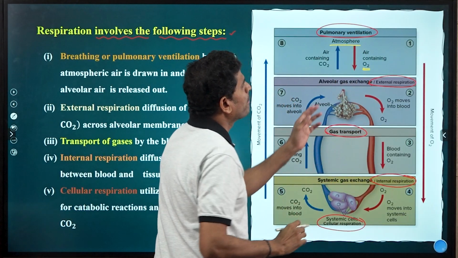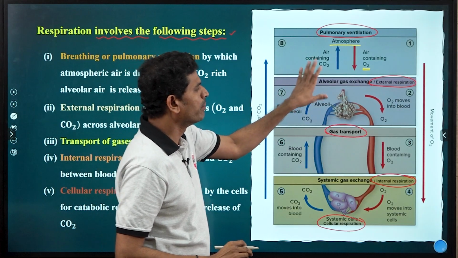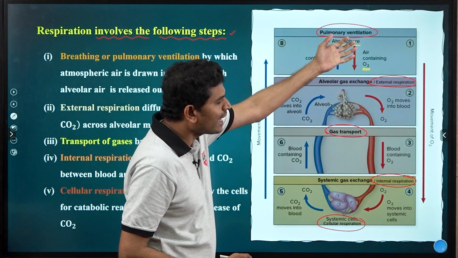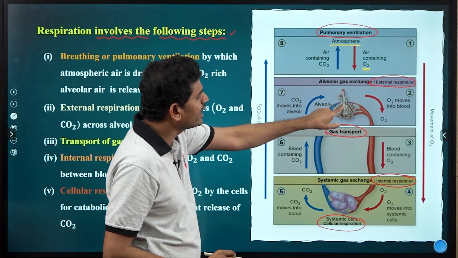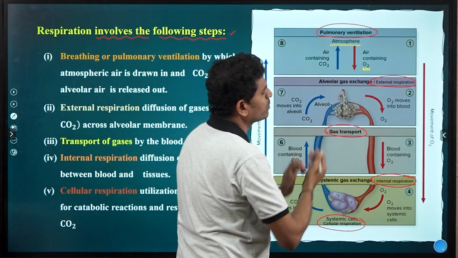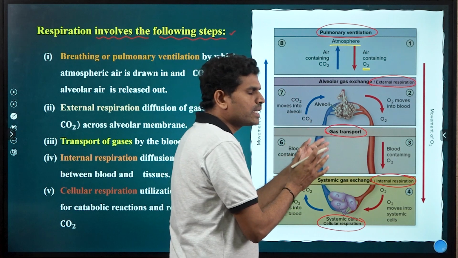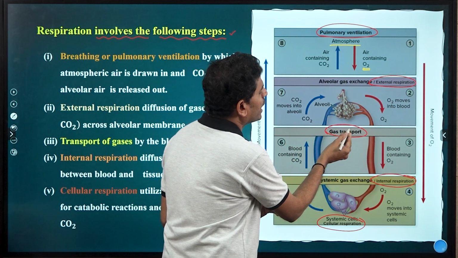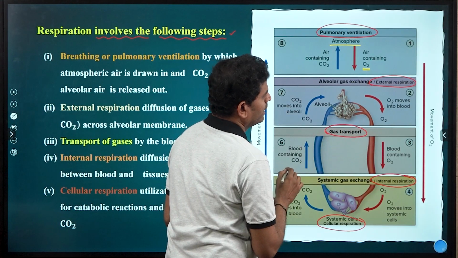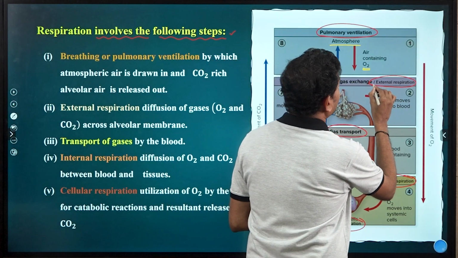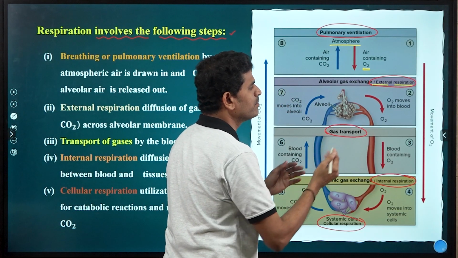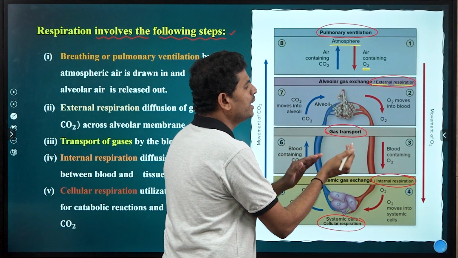This is called pulmonary ventilation or breathing बोलते. Now ये gas जो अंदर ले लिया, means air which is taken inside the lungs, is going to reach the lungs only. Now here first exchange will take place between the alveoli and blood. That's why it is known as external respiration. First exchange of gases takes place between the alveoli and blood.